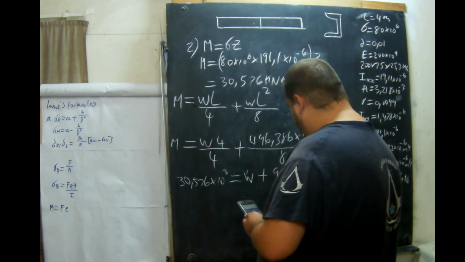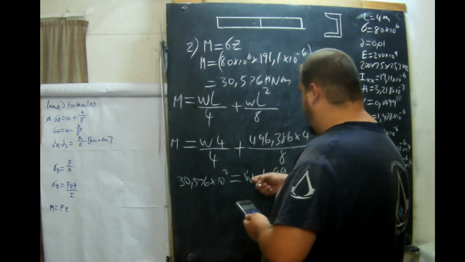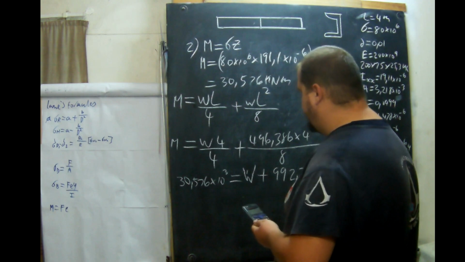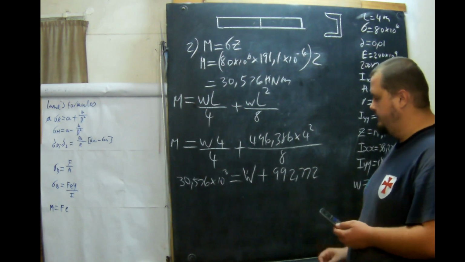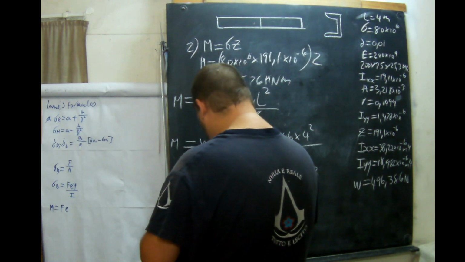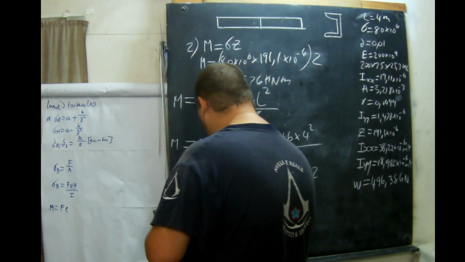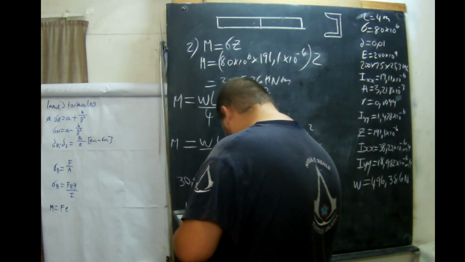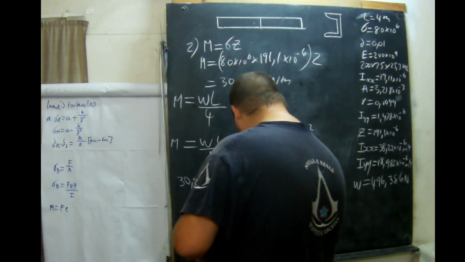That is 992,772 plus W, a big W. So that minus this gives us W. So 30,576 times 10 to the 3 minus 992,772. And that is W equals 0.583 kilonewtons.